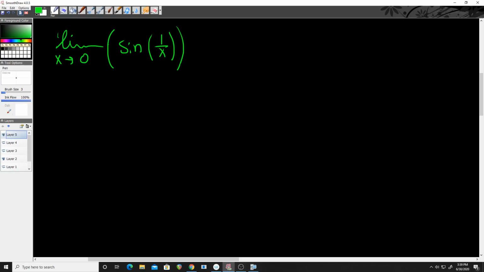So, we just talked about 1 over x. Maybe I should have made a table before. I'll make a table now. First let's just look at x and 1 over x as x approaches 0. So let's think about x equals 0.1, 0.01, 0.001.